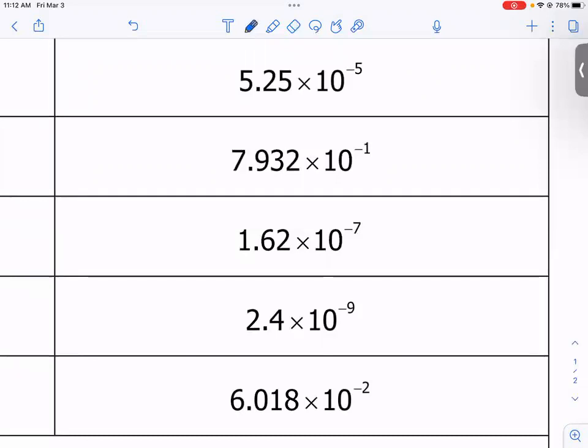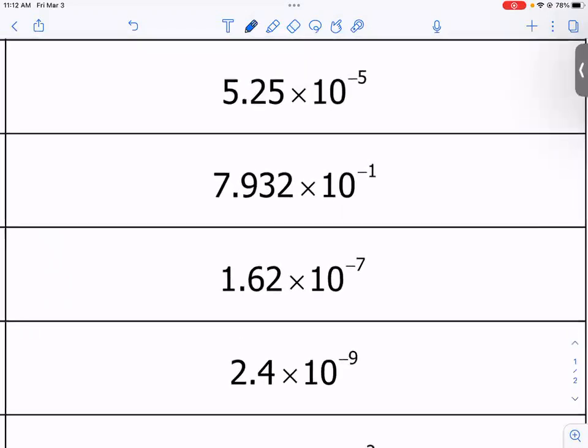All right, so now let's look at number 6. Since we have a negative exponent, that means we're going to have a tiny number. So we need to move our decimal so that it's going to the left. 1, 2, 3, 4, 5. Here is where our decimal should be.